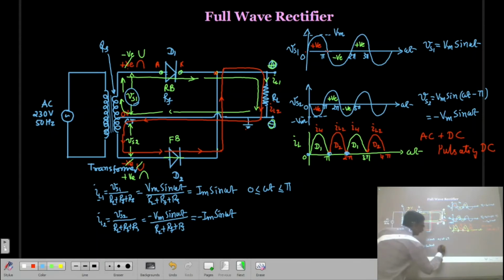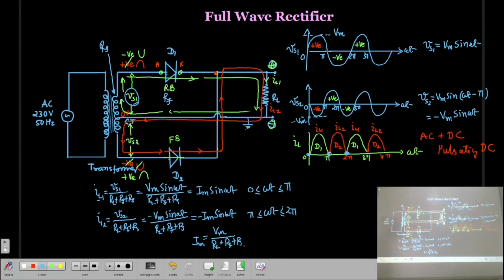So here we will write this condition, that this is valid only when omega t is between pi and 2 pi. Okay. Now we have already defined what is Im. Im is nothing but Vm divided by the total resistance, that is RL plus RF plus RS. Correct? So in this way we can represent the load currents IL1 and IL2.